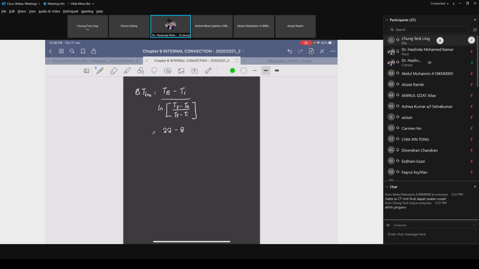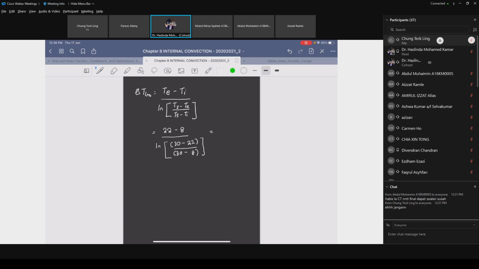22, T in 8, and then ln. So TS is given as 30, right? And then TE is 22. Nanti awak tolong kira 30 minus, sorry, 8 lah kan? 8.